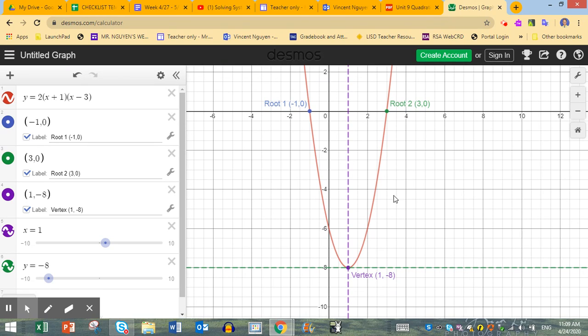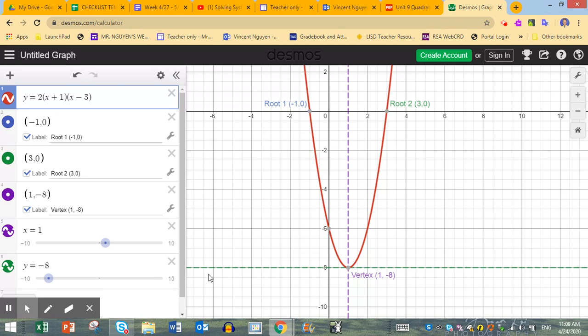There's another thing. Not a lot of people pay attention to it, but one of the characteristics of any graph is the y-intercept. If you hover over here, it's the y-intercept right here. You can label that as well.